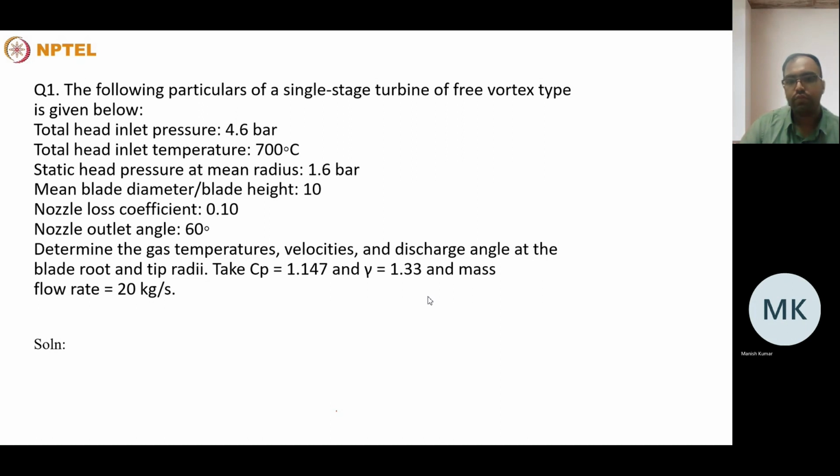Cp is given as 1.147, gamma is 1.33, mass flow rate is 20 kilogram per second. We will try to represent the problem using velocity triangle.